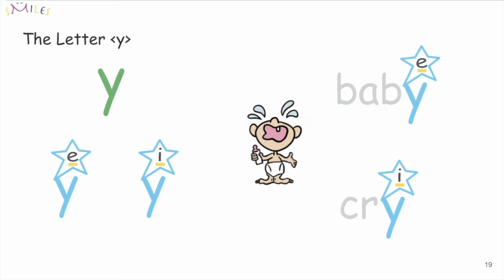In order to indicate to the reader the intended sound, the star containing that sound is placed above the shiny letter. The letter Y can represent 2 vowels, the long yellow E and the long yellow I, both of which are clearly indicated to the reader in the word examples baby and cry.